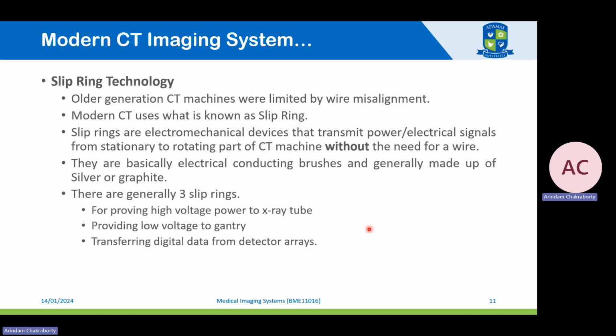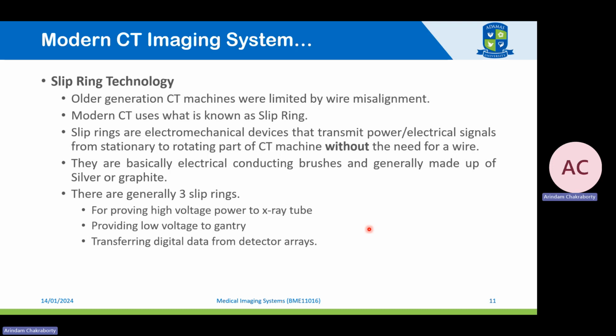So it basically eliminates the need for a wire so that the rotation doesn't cause any misalignment or any other problem relating to the wire. It transmits the power, electrical signals, or other analog signals from the stationary part of the gantry to the rotating part, that is either the X-ray detector array coupled with the X-ray source, or the X-ray source itself if we consider the fourth generation.